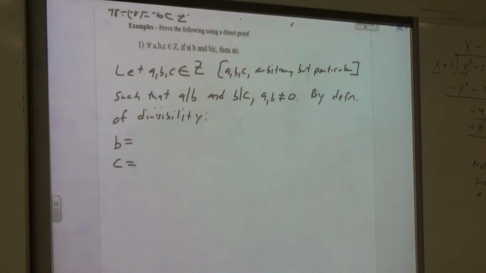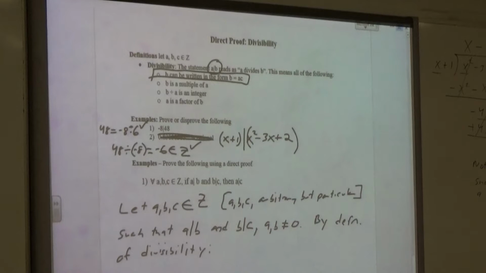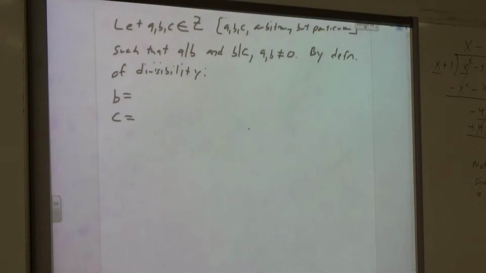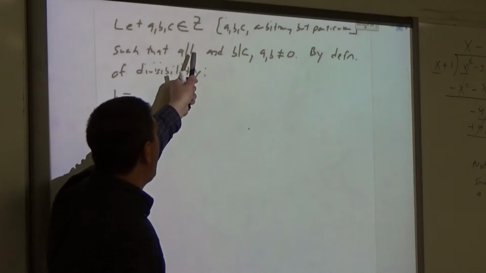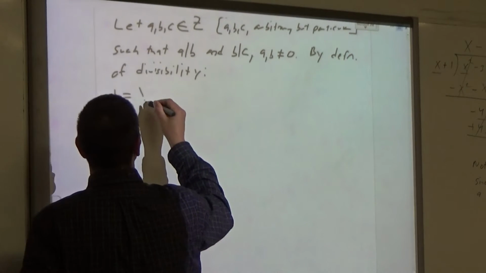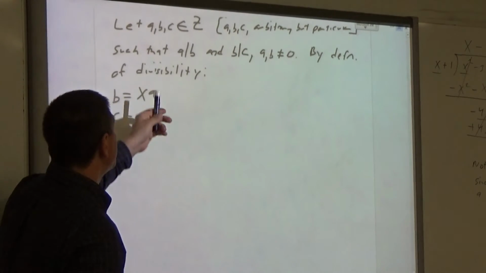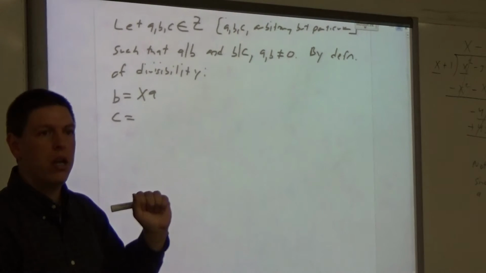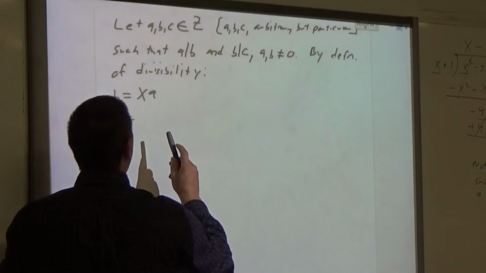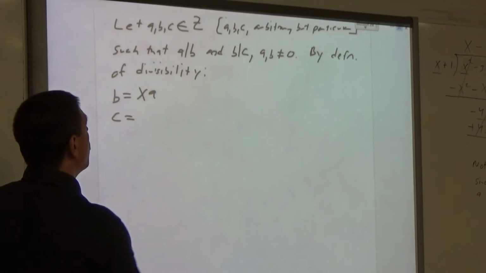Remember, we're going to use, in particular, this first rule. B can be written in the form of AC, but we don't want to use A because we've already defined A. So B could be equal to what, guys? X, sorry, X. So B would be equal to X times A, because A is a factor of B. That's what divisibility means. If A divides B, that means some number times A is equal to B.